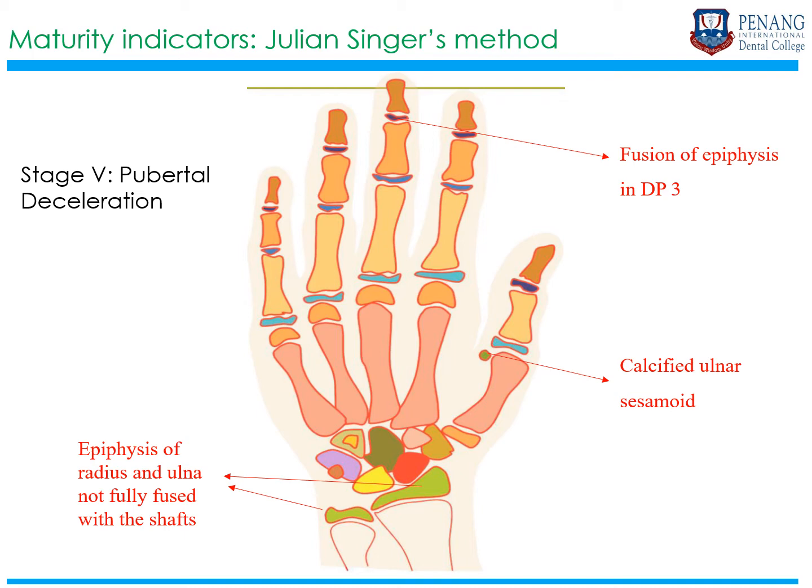First is the fusion of epiphysis in distal phalanx of the third finger. The ulnar sesamoid has calcified, and also the epiphysis of radius and ulna are not fully fused with the shafts. Okay, so you will be able to notice a radiolucent line between them.